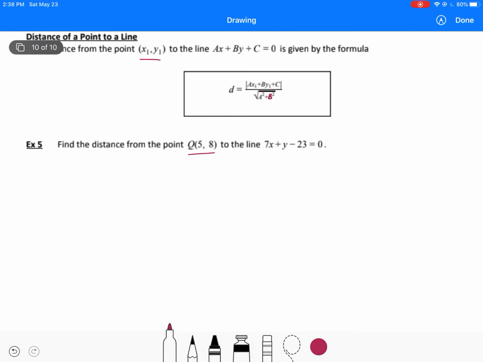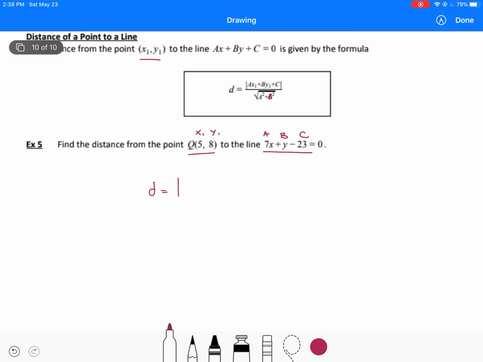Find the distance from the point Q, 5, 8, to the line 7x plus y minus 23 equals 0. So we've got our x1, we've got our y1, we've got our a, and our b, and our c. We're going to plug in our distance formula.